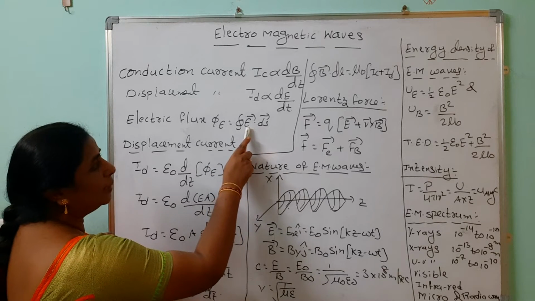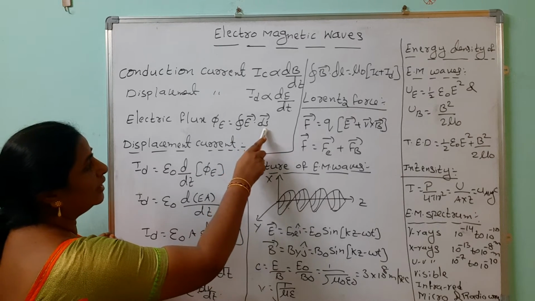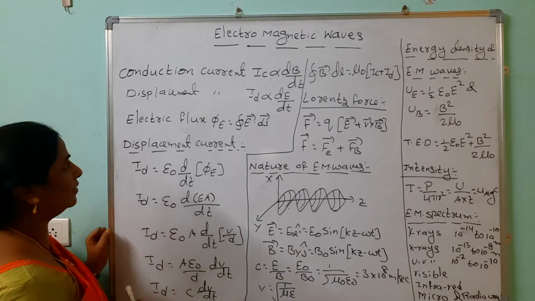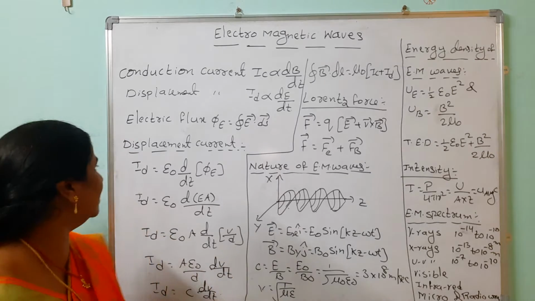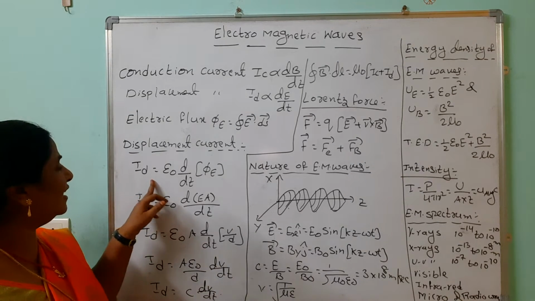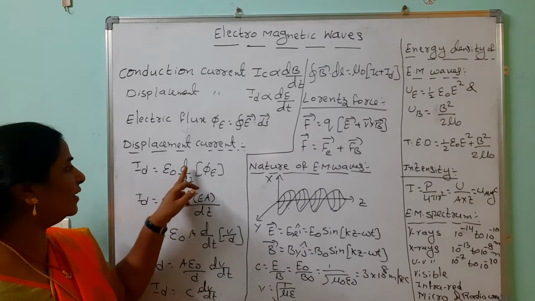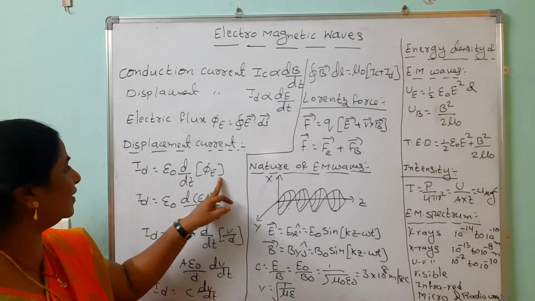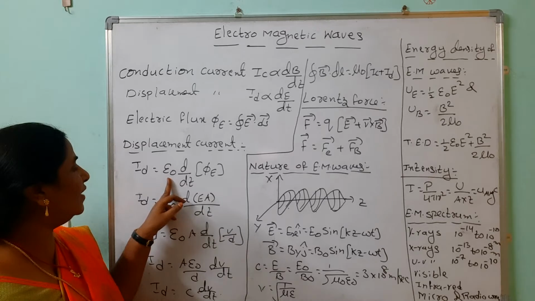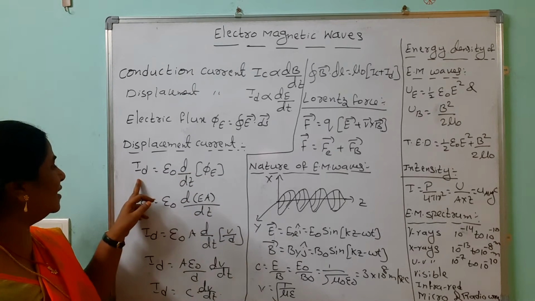E is the intensity of electric field, dS is the area. Then what is the displacement current? How do we write the expression for it? Look here, displacement current equals epsilon naught times d by dt of electric flux. The rate of change of electric flux times the permittivity of free space is called the displacement current.